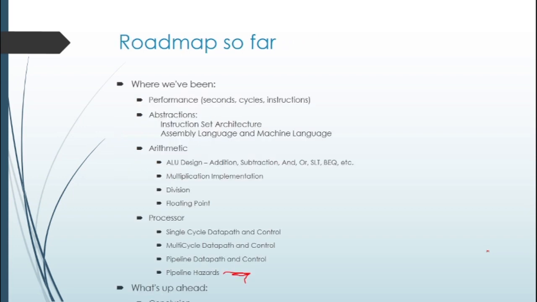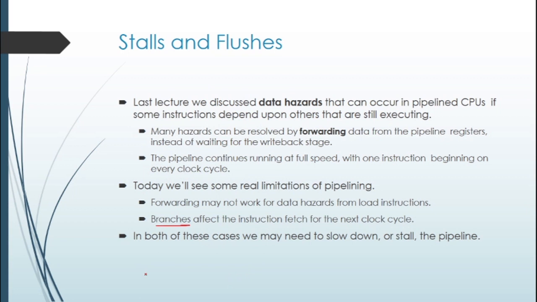So the complete roadmap is that we are now into the final phase of this course, where we study the pipelining hazards. Today's main topic is stalls and flushes. So what is stall and what is flush?